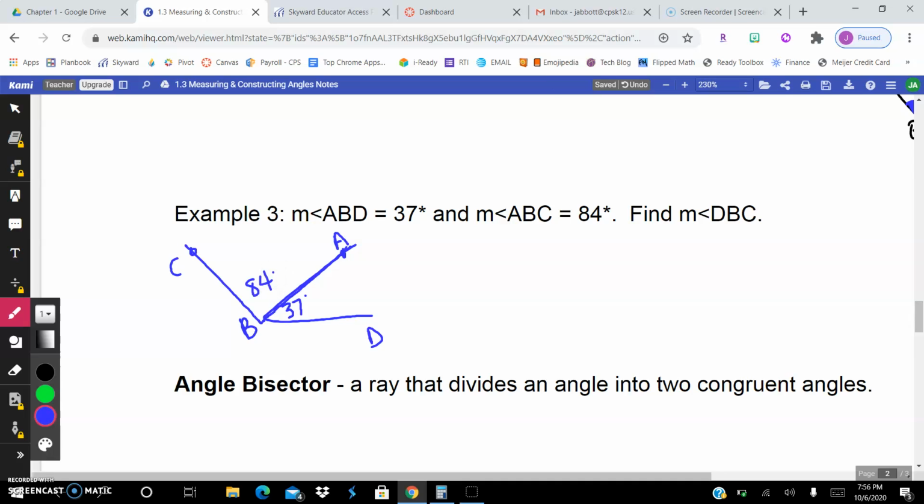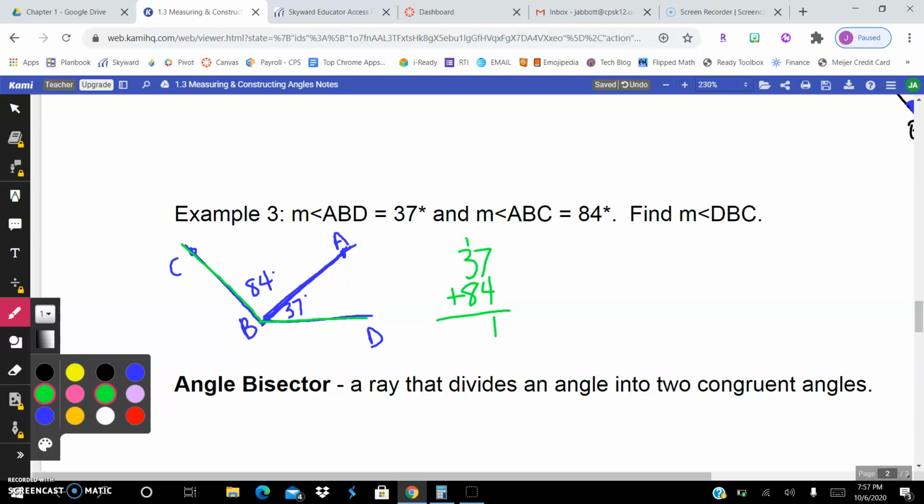So they share that side AB. Find the measure of angle DBC. So D to B to C, they want that larger angle? Well, it's those two smaller ones put together. So we just add those two numbers, 37 plus 84, and you get 121 degrees.